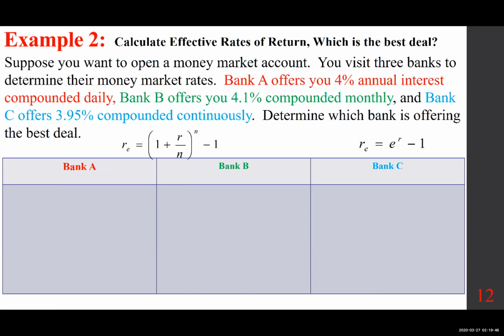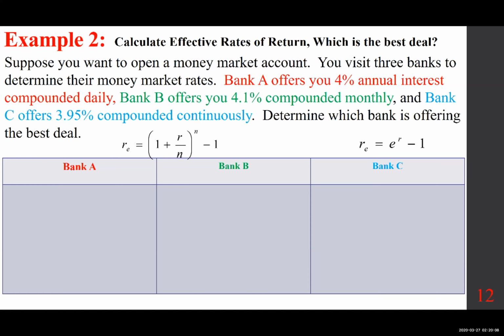Determine which one is giving us the best deal. In which case, you really have no choice but to calculate the R effective. The one with the larger R effective is the one you're going to go with. And we showed the way we calculate R effective on the previous page.